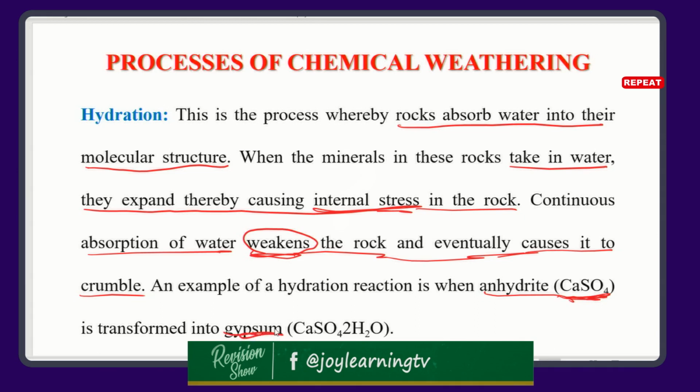Gypsum is a very good mineral, and the chemical formula of gypsum is CaSO4.2H2O, that's hydrogen, then we have one oxygen. Is that okay? You know, gypsum is used in the making of plaster of Paris. What we normally say POP.